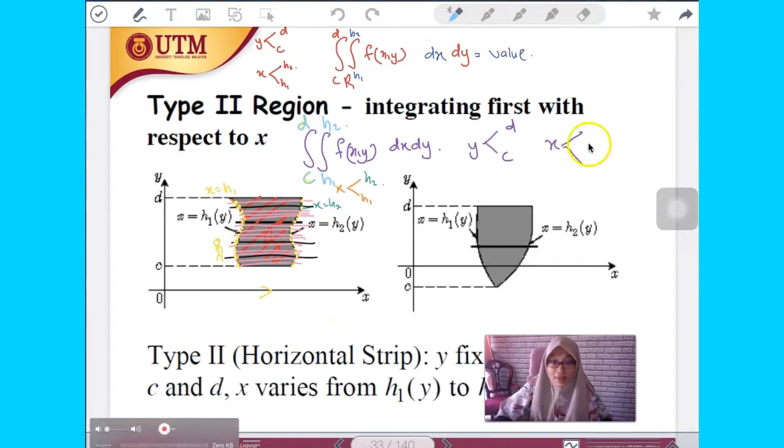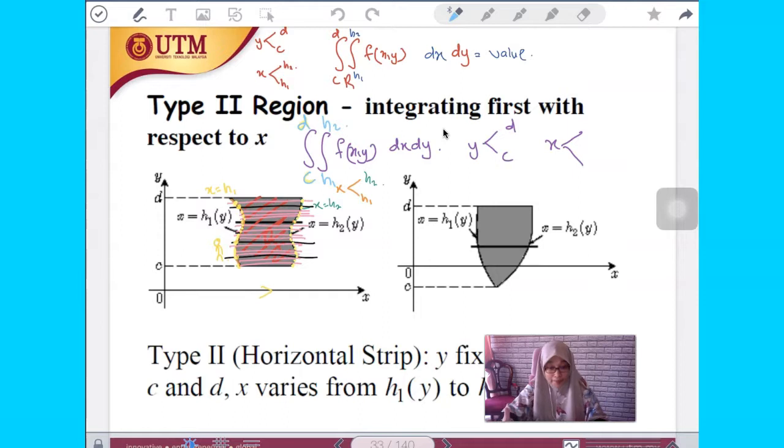When you are given the integrand and asked to evaluate the given function without being given the order and the limit, you have to find them yourself. So first you have to sketch the region, and based on the region and also the integrand given, you have to decide what kind of order of integration you want to have.